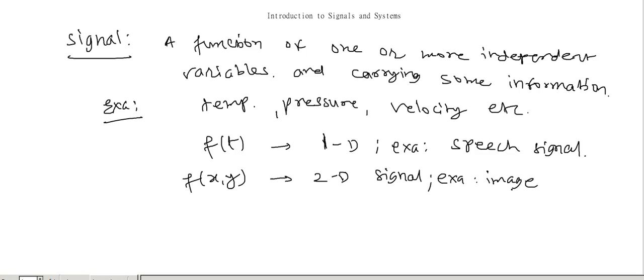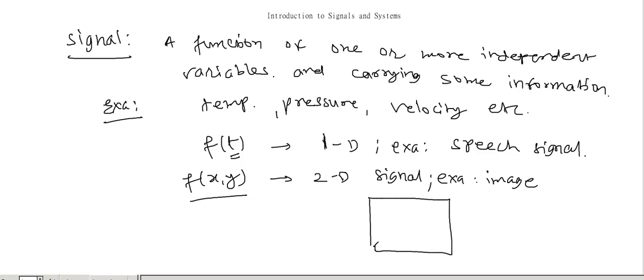Okay, so image is an example of a two-dimensional signal. Now, most of the time, we'll consider our signal to be a function of time. Okay, but it could be a function of space also. For example, in this case, x and y are the coordinates of an image.